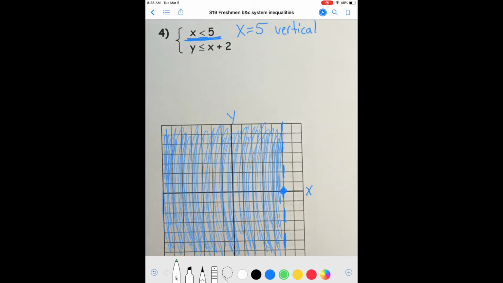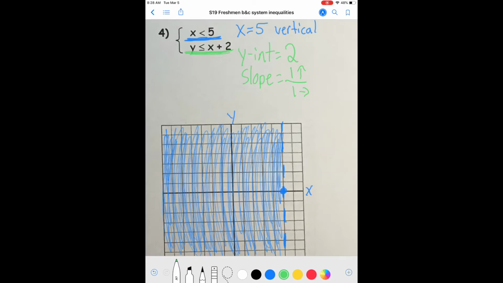Now, it wouldn't be a system of inequalities if we didn't have a two to graph. So the second one is already in slope-intercept form. So we've got a y-intercept of positive 2, and then we have a slope of positive 1. Again, we're going to create a fraction out of it and put a positive 1 underneath, and we're going to go up 1, right 1.